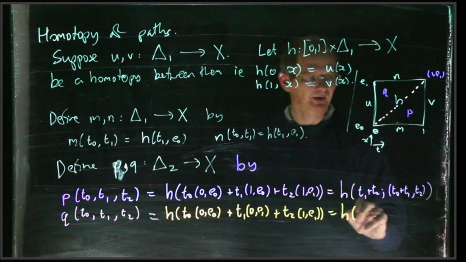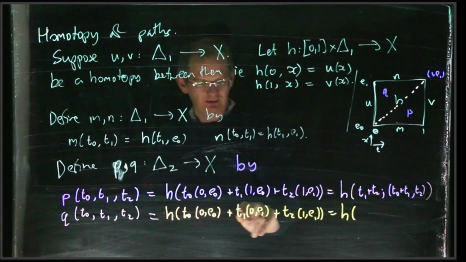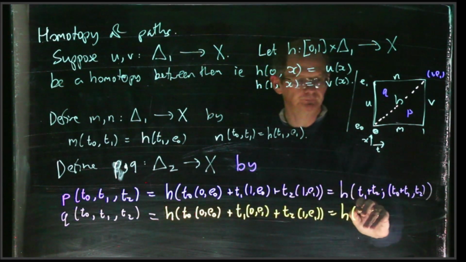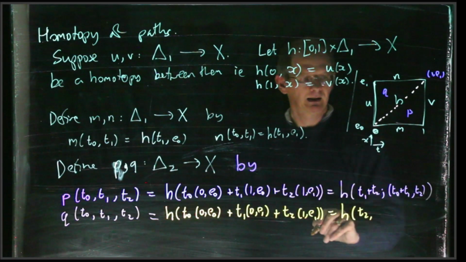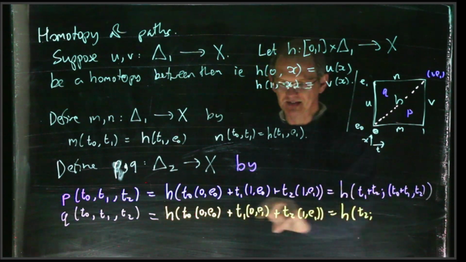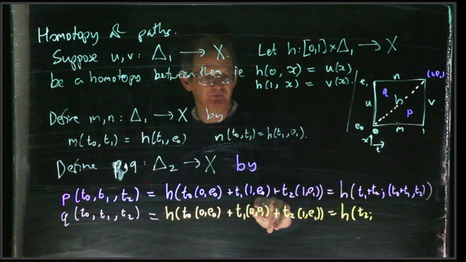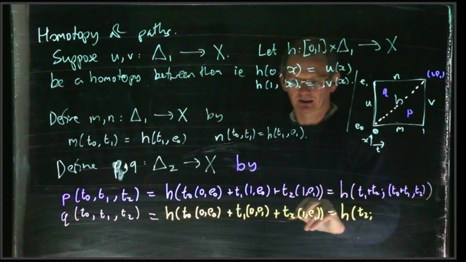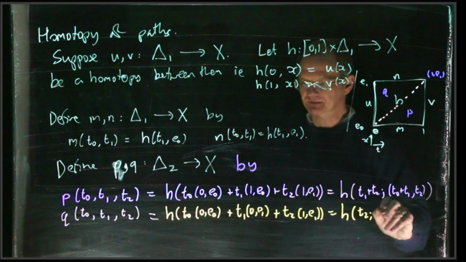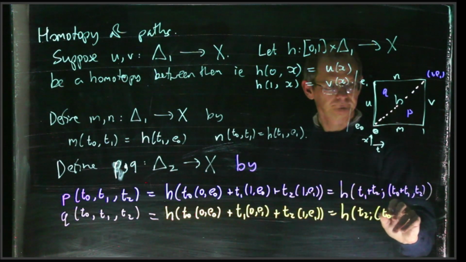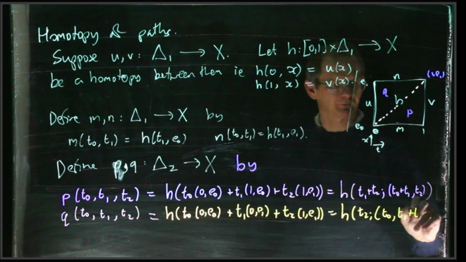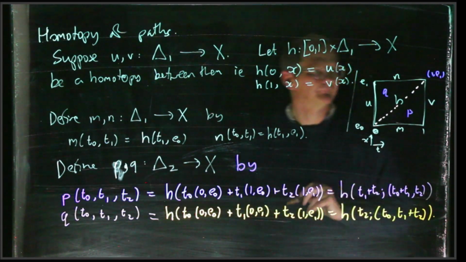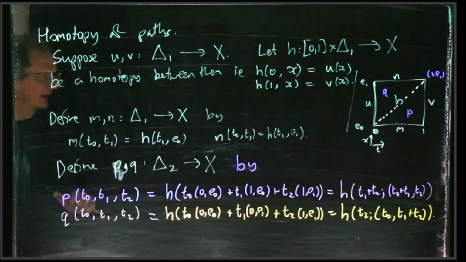So this is H of, looking at the first corner, we just get t0 plus t1, and the second thing here, you've got t2 e1, so that's t0 plus t1 plus t2. Okay, so that's what we get for this picture here.